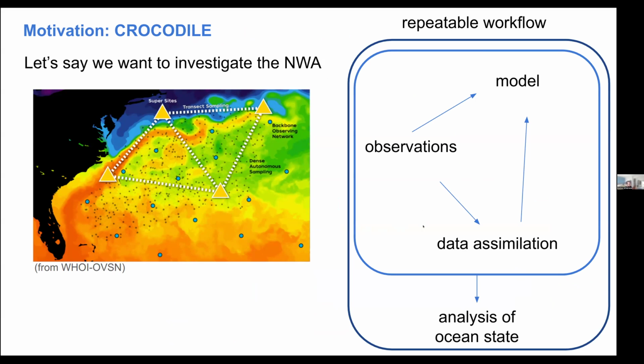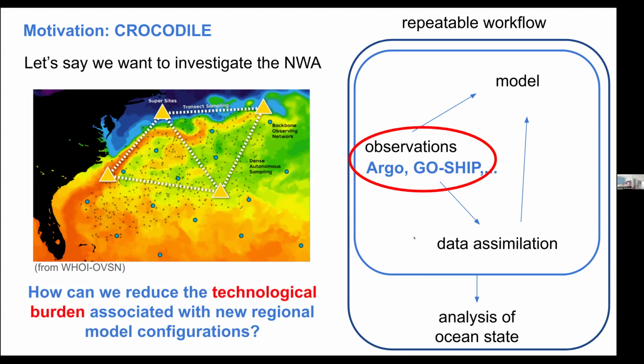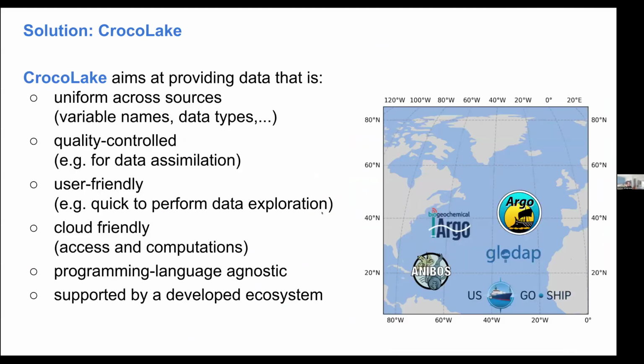To analyze the ocean state, we usually have a model and data simulation that interact, and they both need observations. Of course, I'm focusing on the observation side. The solution to this is Crocolake, which is this dataset in Parquet. We want it to be uniform across sources, quality controlled, user and cloud friendly, and programming language agnostic.